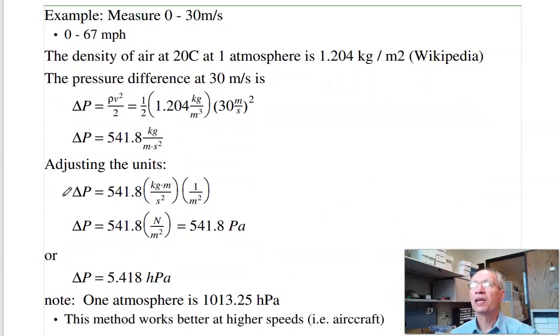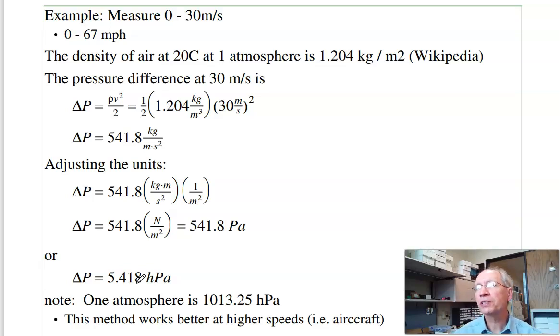So for example, if I am going up to 30 meters per second, or 67 miles an hour, at 1 atmosphere, the density of air is 1.2 kilograms per cubic meter. The pressure difference then is 541 kilograms per meter second squared, or just in the units, the pressure difference is 541.8 pascals, or about 540 pascals.